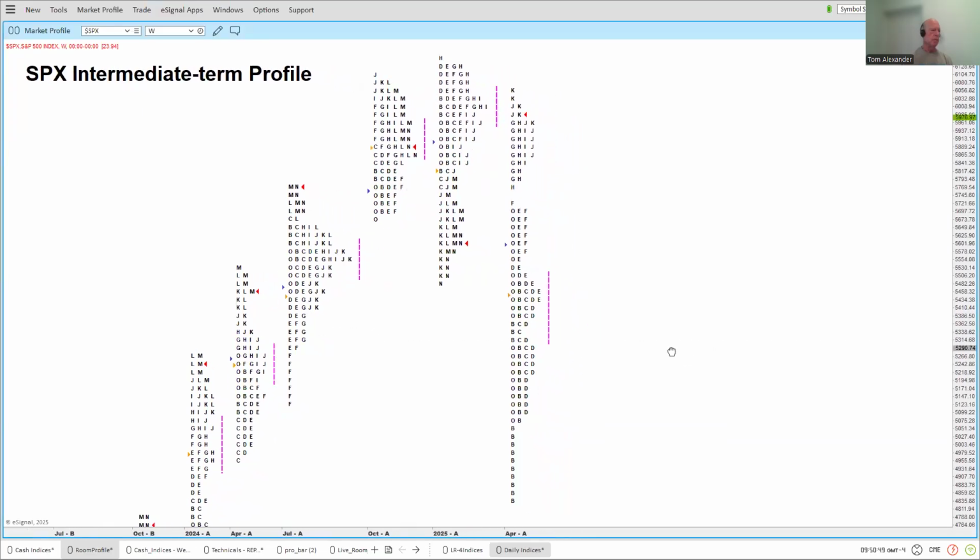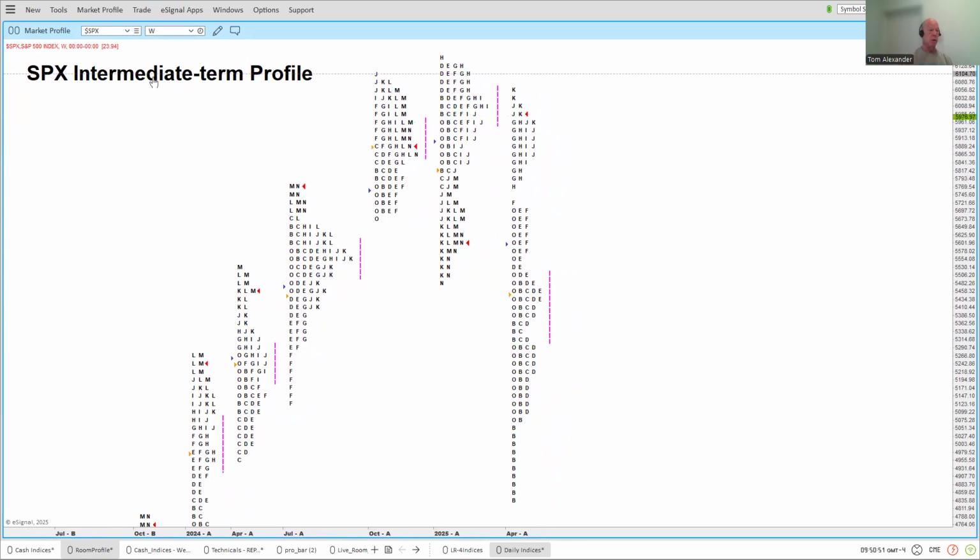But let's take a look at the charts here. This is, to me, the most interesting view, and it has been the most interesting view for a number of weeks. Those of you that are familiar with market profile, this is clearly a market profile chart configuration.